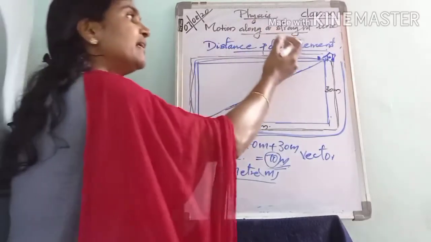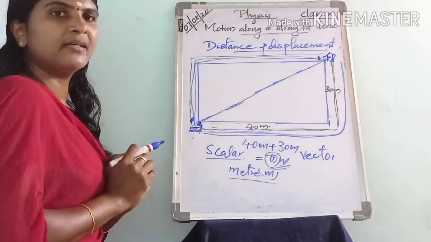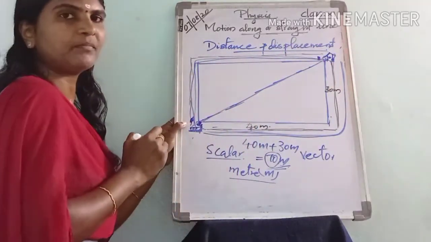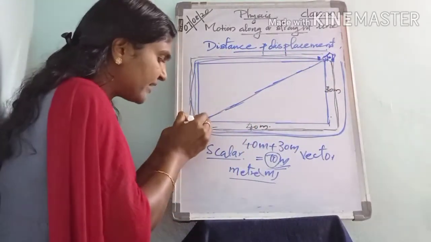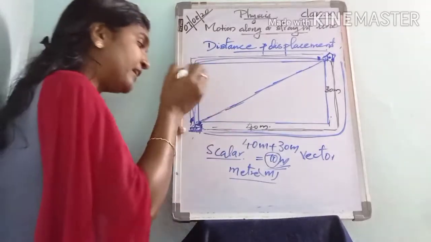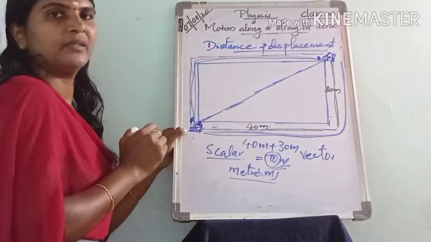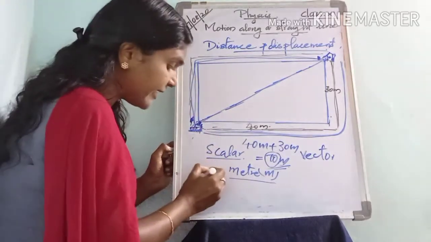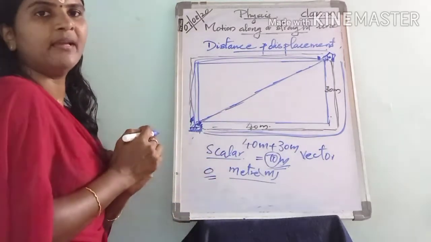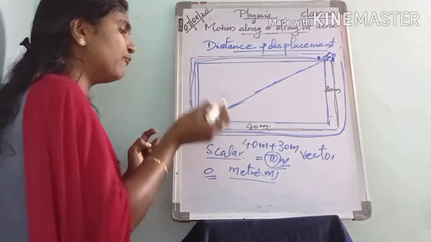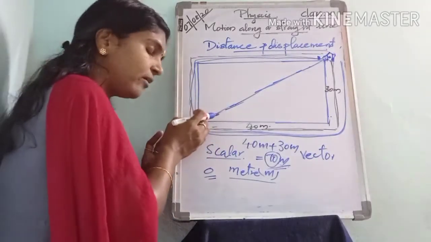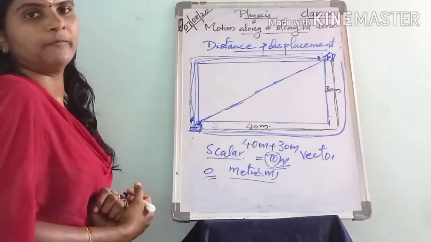Then what about the displacement? Suppose from the friend's house you reached here. So your initial position is here, your final position is also here. So what is the displacement of you? It is 0, because the initial and final position coincide.